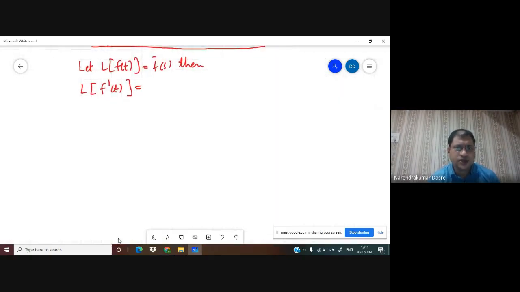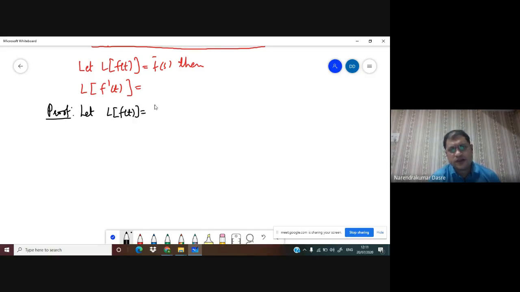Now let us try to find this. So we go with the proof. Let the Laplace transform of f of t be equal to f bar of s, which is the integral from 0 to infinity of e raised to minus st into f of t.